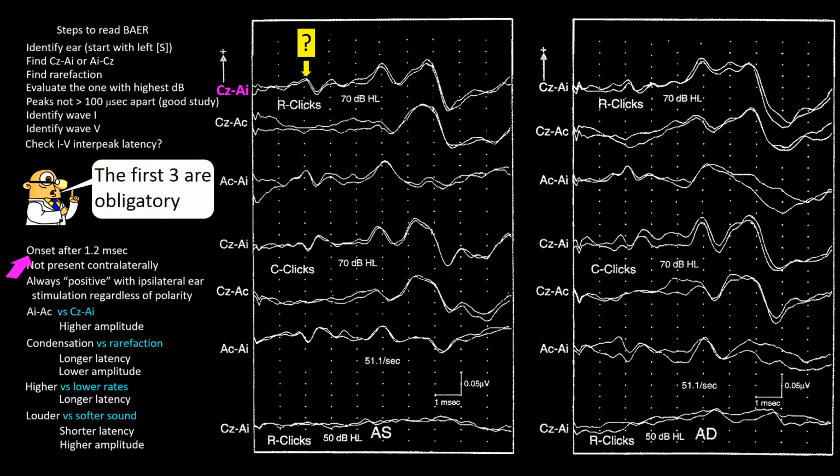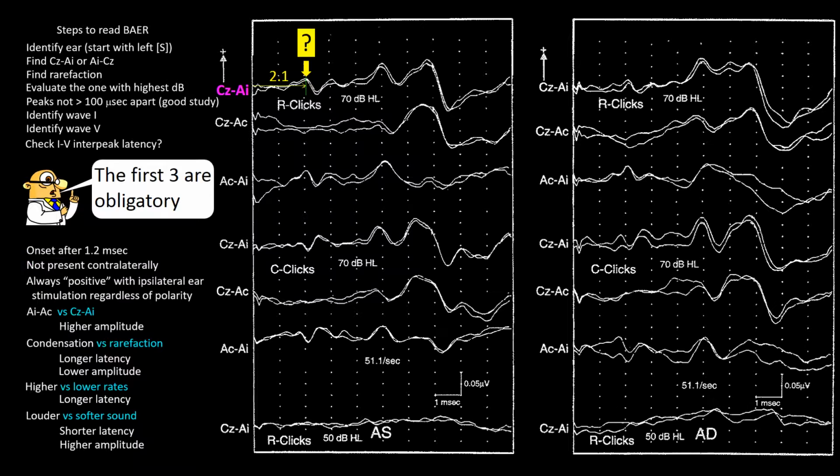This criterion holds for almost all ages, but in children less than 2 years of age, it must be loosely applied. The onset of a wave 1 after 1.2 milliseconds is absolute in the adult because during the first 1.2 milliseconds after stimulation, the tracing is dominated by receptor potentials.